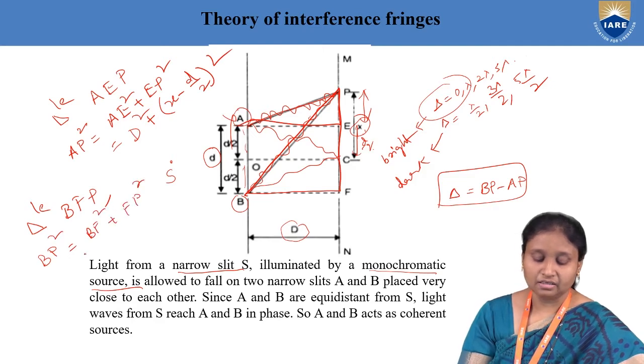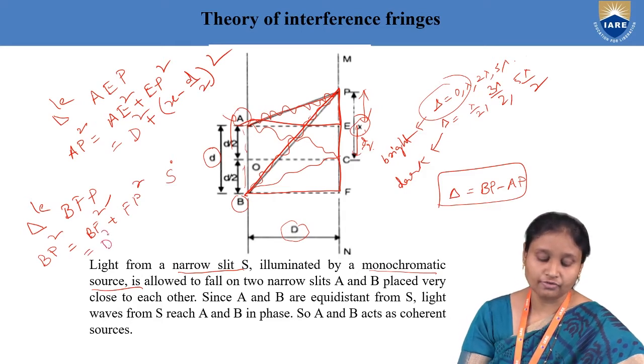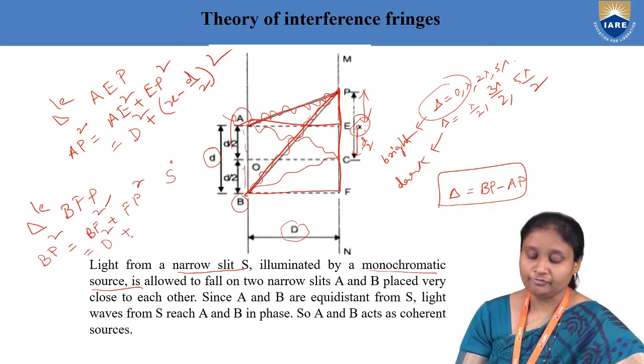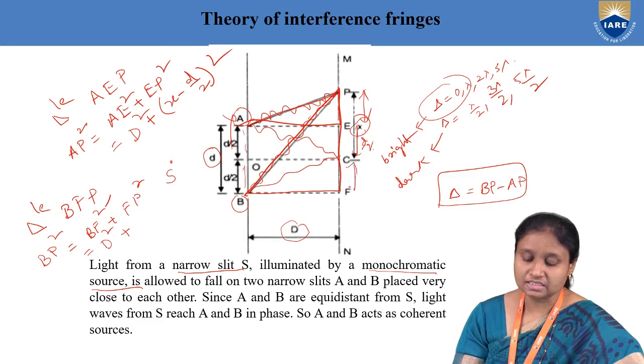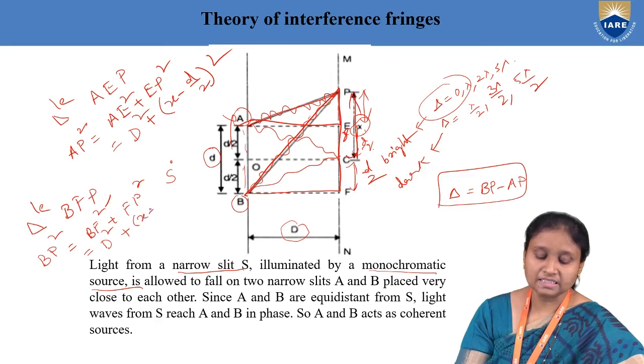And what is BF square? It is the square of capital D, plus FP square. We know that this distance is d by 2, whereas this total distance is x. So it comes out to be (x plus d by 2) whole square.